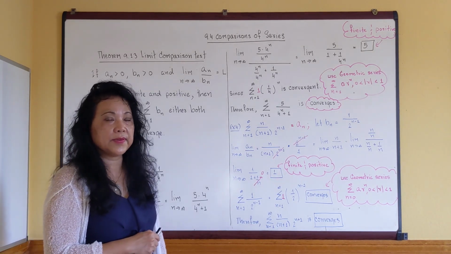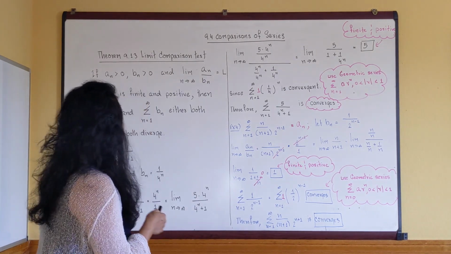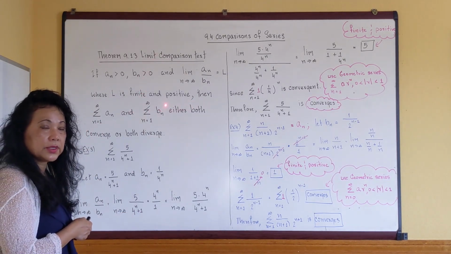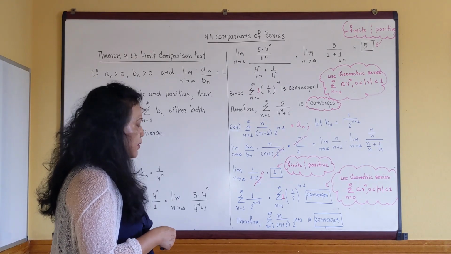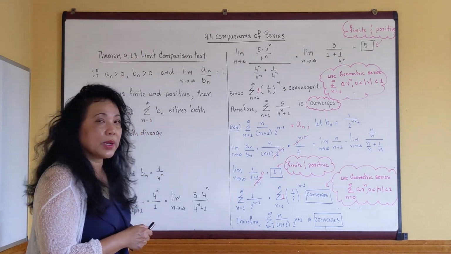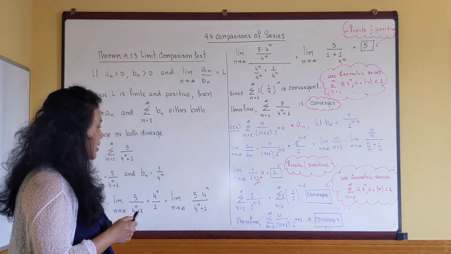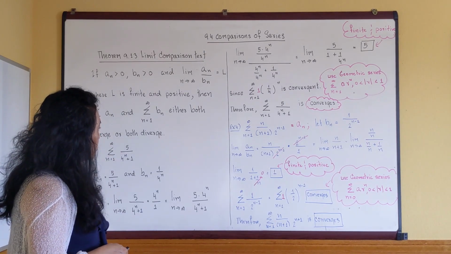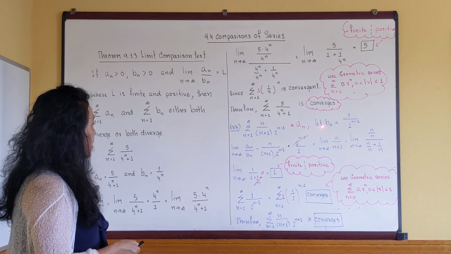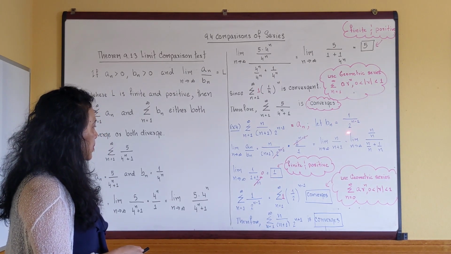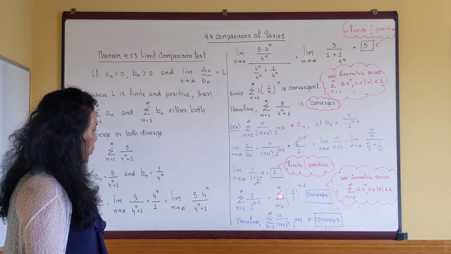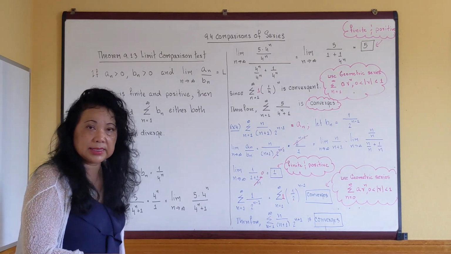Again, 1 is finite and positive, so I satisfy the condition of the theorem. So I have to pick one of them and see if it converges or diverges. I pick the easier one again, which is b sub n. As you can see, this term and this term are the same thing.